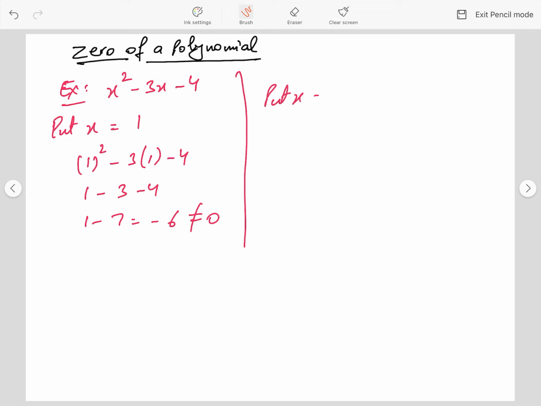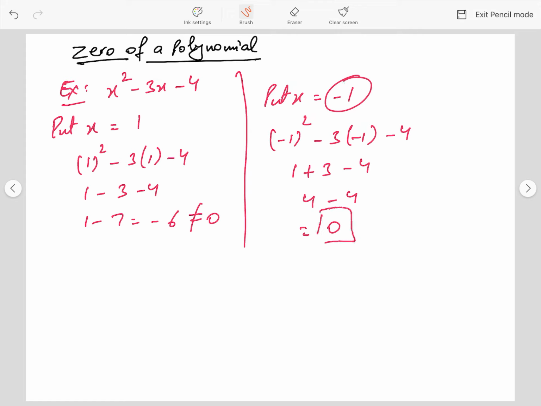Now let us put minus 1 in place of x. We will get minus 1 square minus 3 into minus 1 minus 4. So minus 1 square is 1, plus 3, minus 4, then 4 minus 4 is equal to 0. So when we put minus 1 in place of x, we are getting 0.